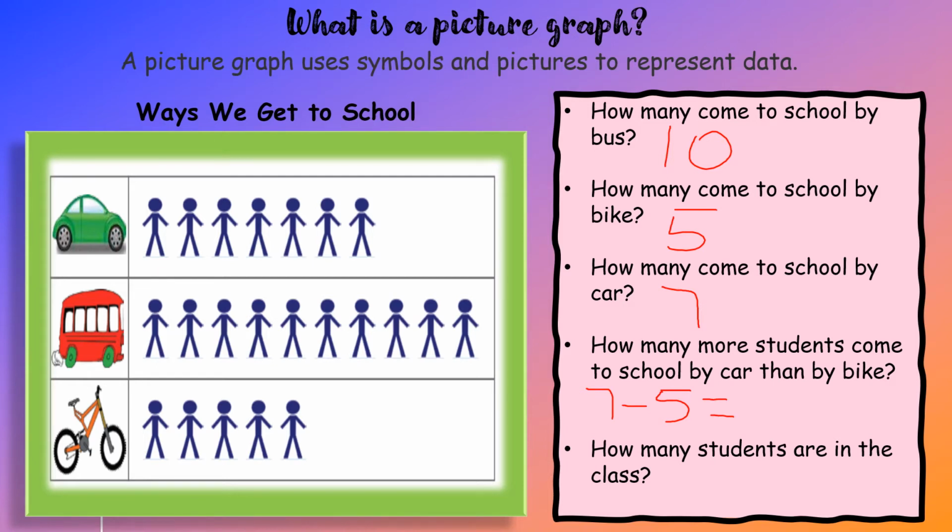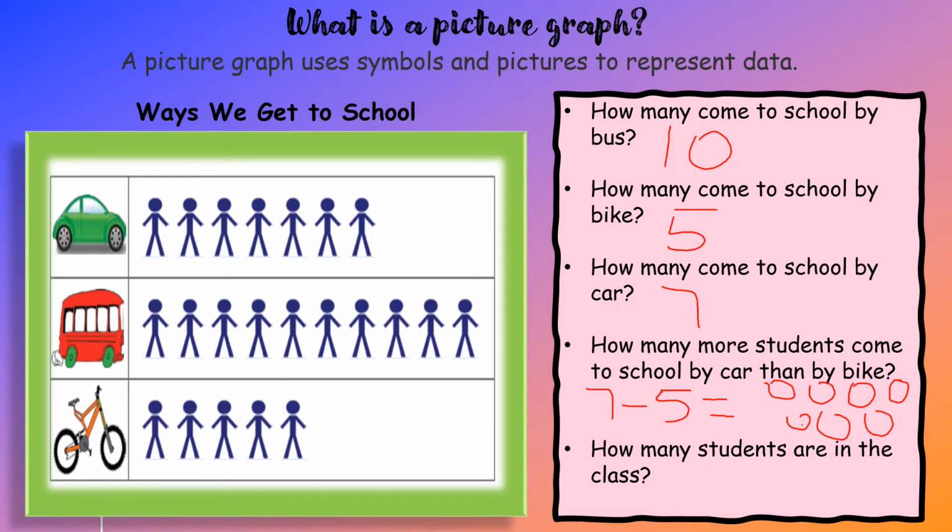Okay? So what we're going to do, I'm going to draw a picture. I'm going to draw 7 circles. 1, 2, 3, 4, 5, 6, 7. And then out of those 7, I'm going to take away how many? Very good.